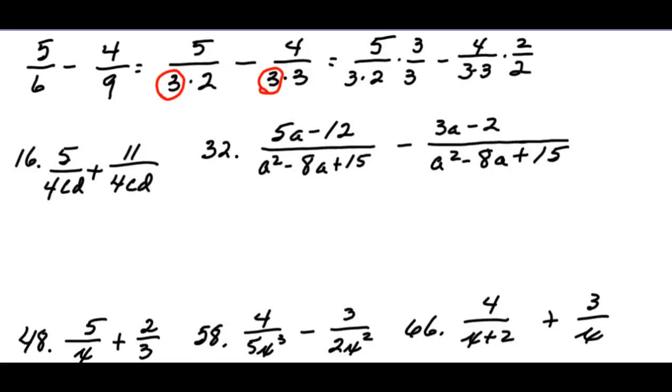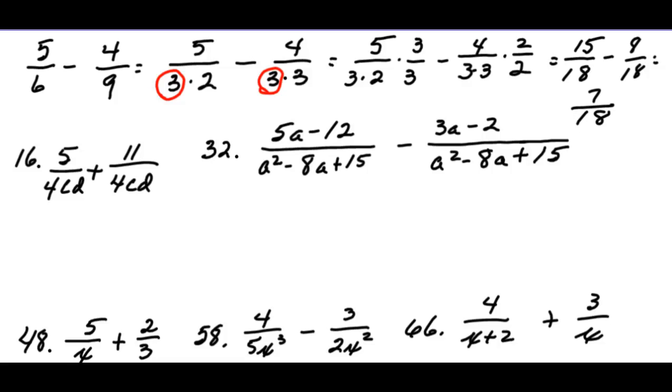What that gives us is the same denominator, 3 times 2 times 3. 3 times 2 being 6, times 3 is 18. Now our first fraction is 5 times 3, which is 15, over 3 times 2 times 3, which is 18, minus 4 times 2, which is 8, over 3 times 3 times 2, which is also 18. And now when we subtract, we get 7 over 18.